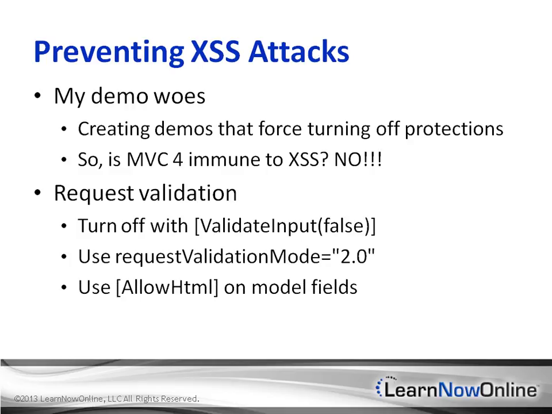Okay, you can also allow embedded HTML in a model field using allow HTML, which does seem to work. In fact, this seems to be the only viable option for working with unvalidated request data, and it requires that you be using a model for the particular data.